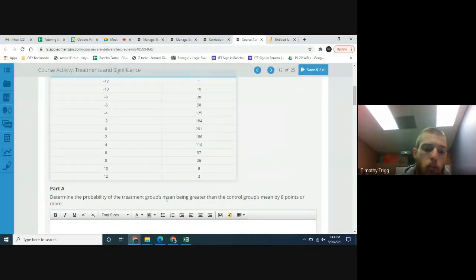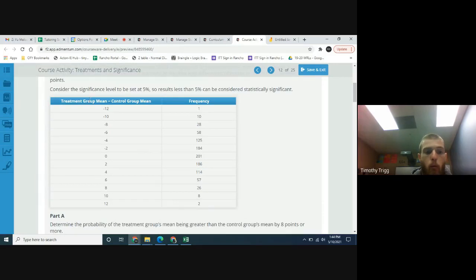Determine the probability of the treatment group being greater than the control group by a mean of 8 points or more. So treatment group greater than control, that would be positive 8, 10, or 12. So that's 8 or more. That's these 3 rows here. So how many times did that happen?